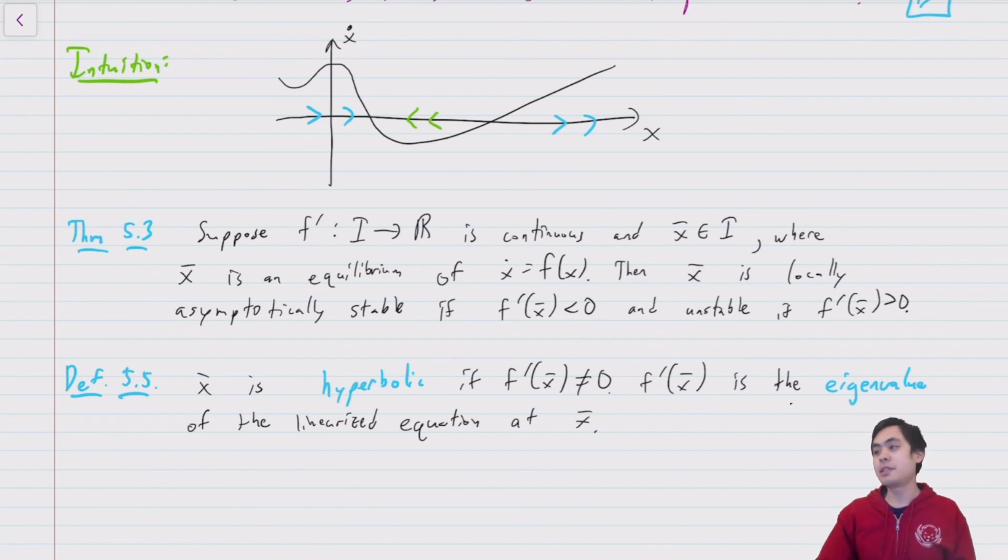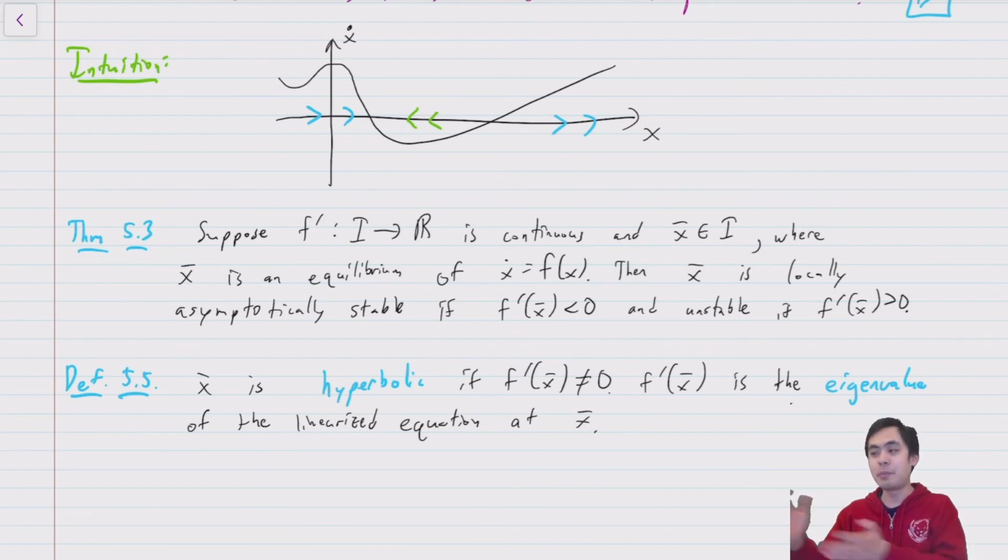Okay, and this is basically just a natural consequence of the results that we talked about for the linear systems in chapter 4. What we basically do is look really closely around an equilibrium, and if you look really closely, then it's almost linear, so you can use all the same results of a linear system of equations. And when you do that, you end up with a matrix again.